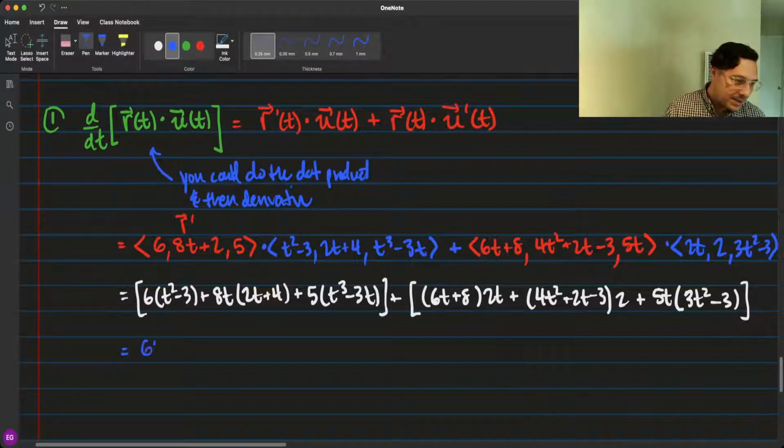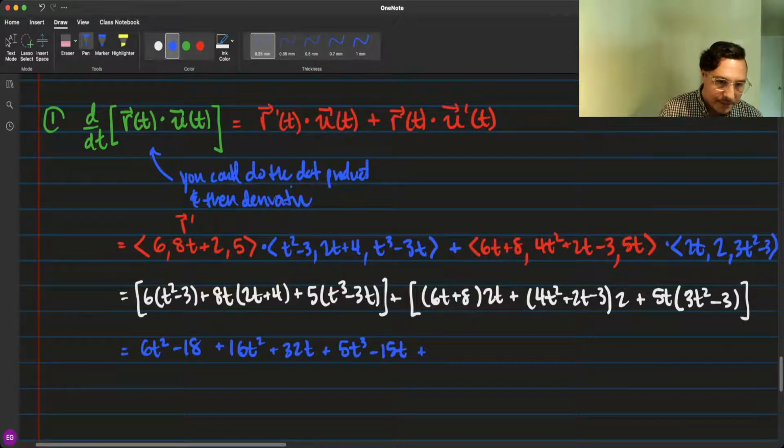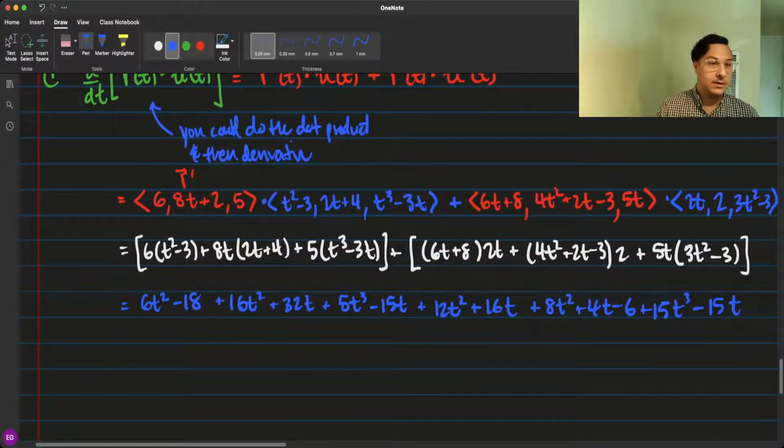Multiply the 6, so you get 6t squared minus 18 plus 16t squared plus 32t plus 5t cubed minus 15t plus 12t squared plus 16t plus 8t squared plus 4t minus 6 plus 15t cubed minus 15t. So long. Okay, now we start grouping terms.